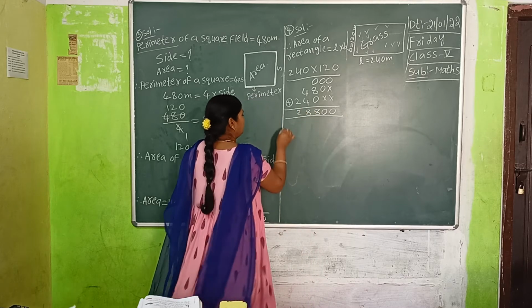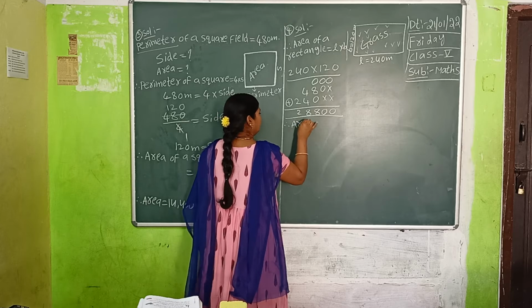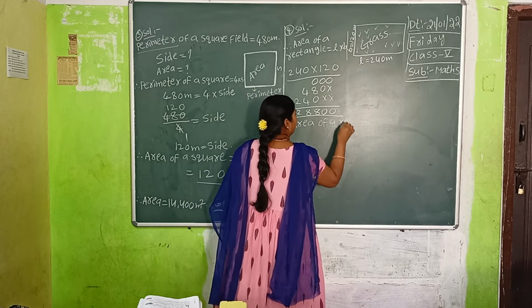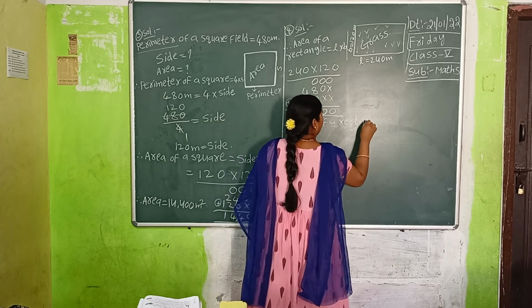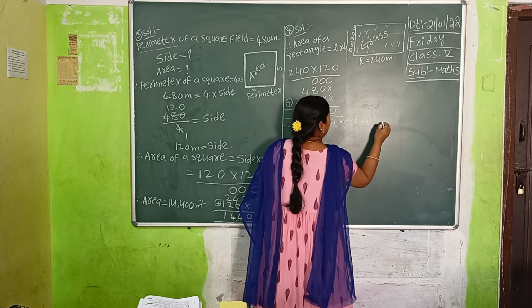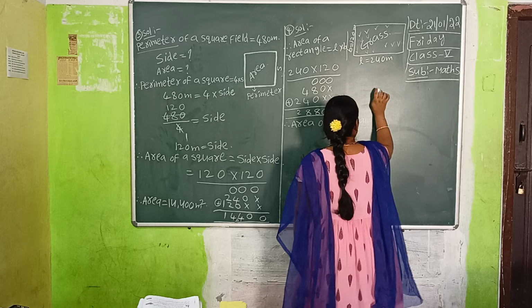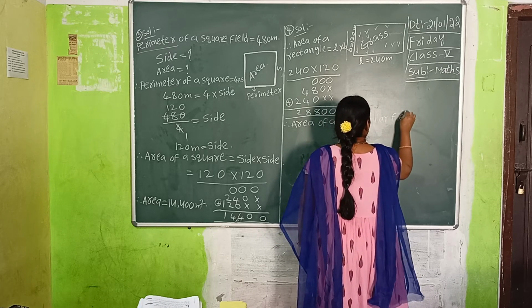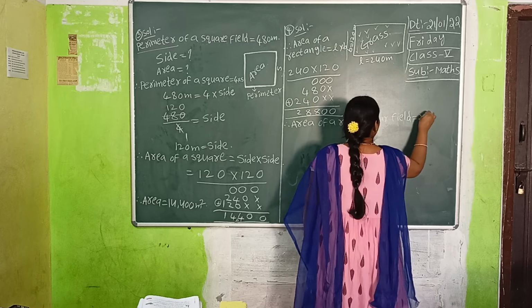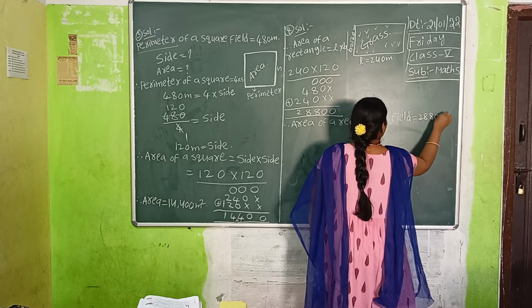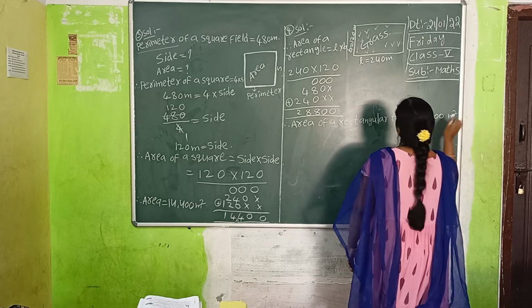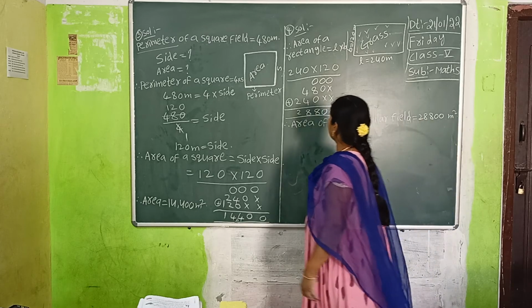Okay, therefore, area of a rectangular field equal to 28,800 meter square.